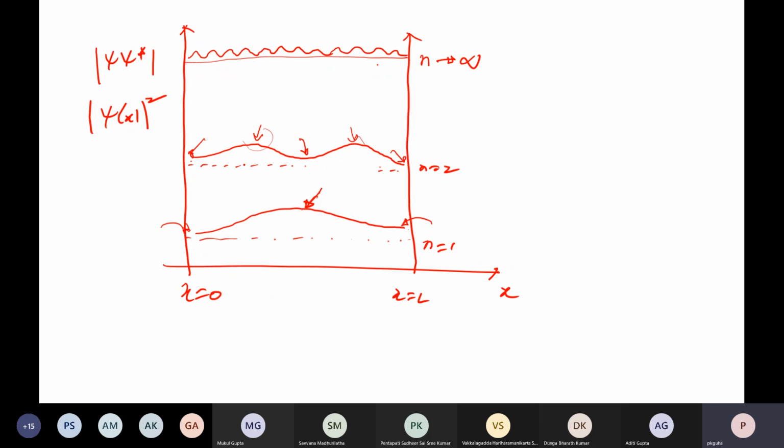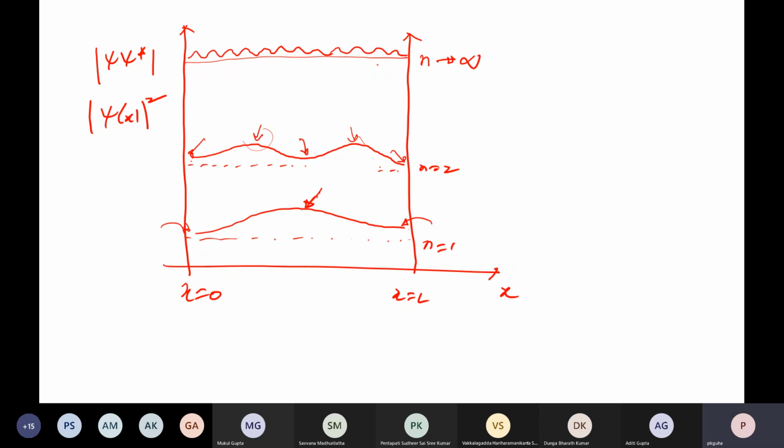At a distance say L by 4 it is maximum, and 3L by 4 it is maximum. So similarly, if you keep on increasing the value of n, at some point you will see that the probability of finding the particle is almost uniform between x equal to 0 and x equal to L. So for n very large, you will have something close to the classical approach, right?